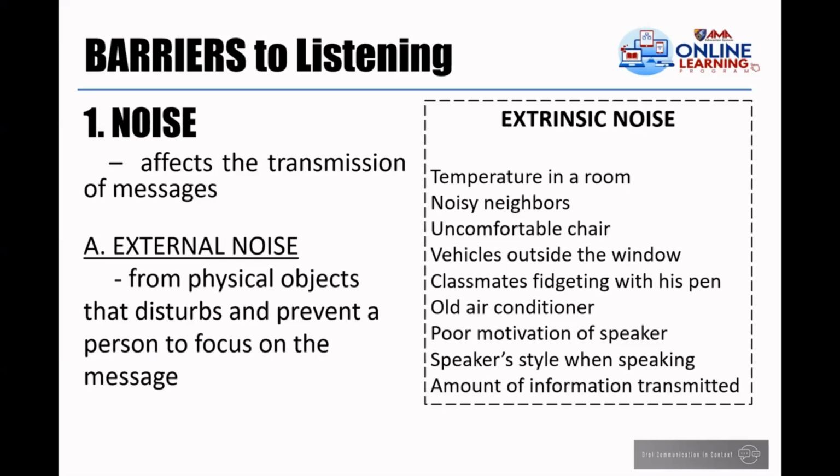These are just several of the examples that I can give. There are still plenty of examples. These are the extrinsic noise that may hinder or prevent a person from focusing on the message being received.